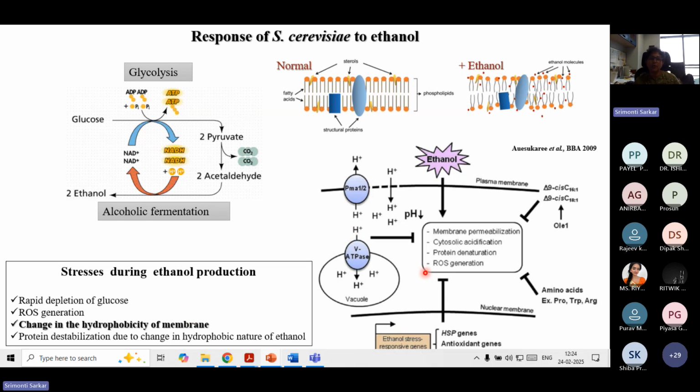So why did I become interested in the vacuole? It is already known that when the cytoplasmic pH goes down, proton pumps in the vacuole become active and remove the extra protons from the cytoplasm and put them in the vacuole, so that the lowering of pH does not hamper the functioning of the proteins in the cytoplasm.